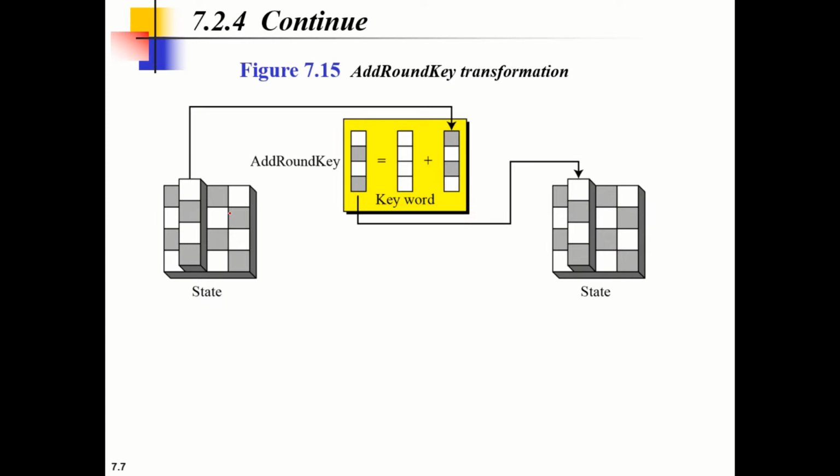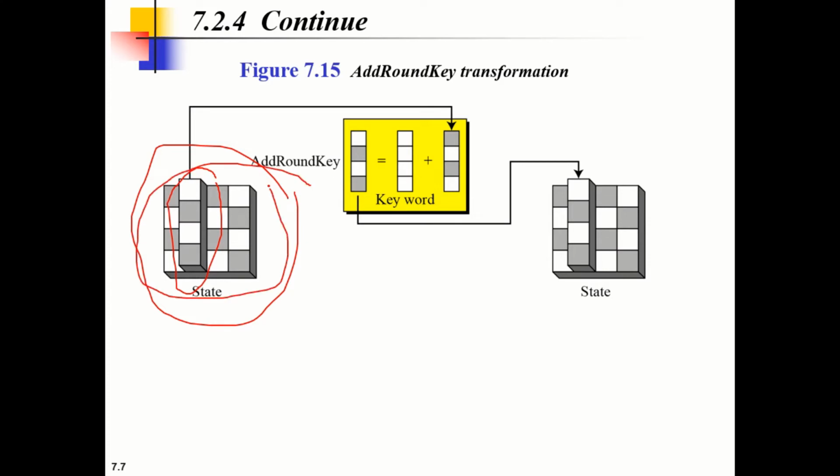Here we are dealing with one column at a time of the given state, which we got from the mixing transformation; this is the output of mixing transformation, right? We will use this column of the state, and then add the matrix column with the keyword, which we take out of the key.